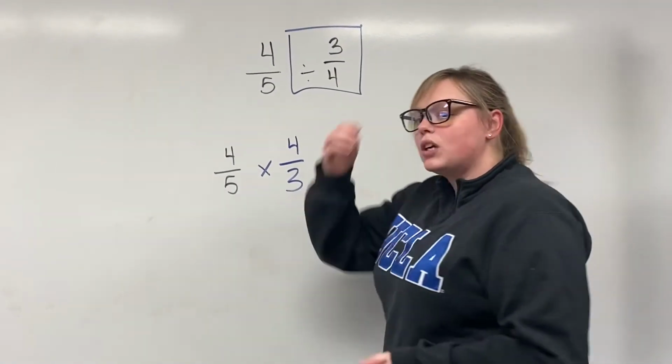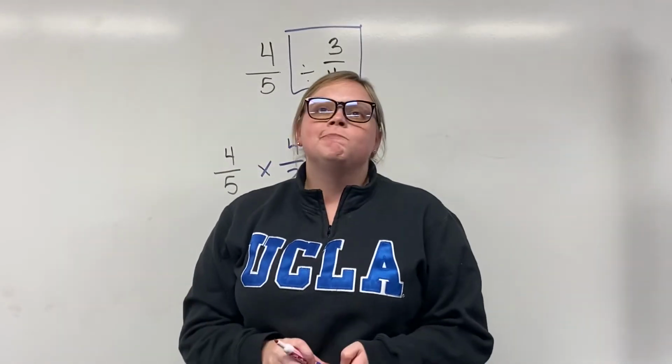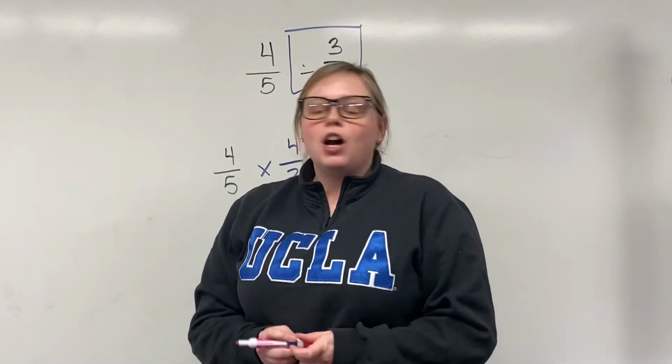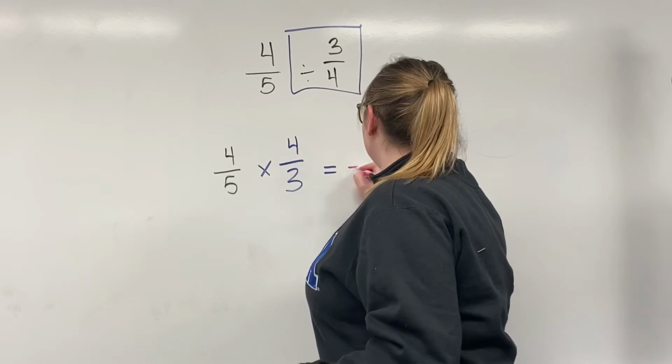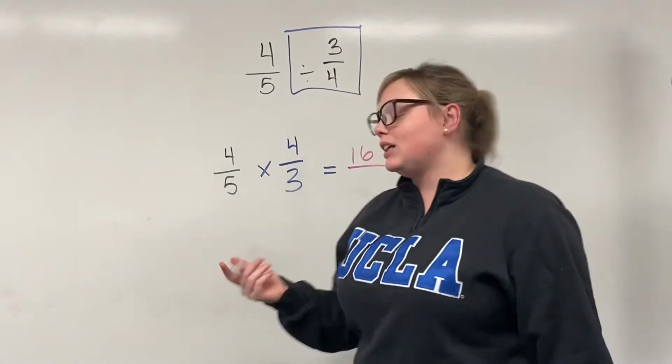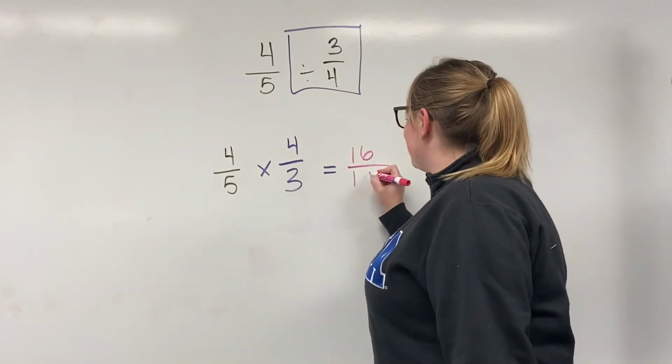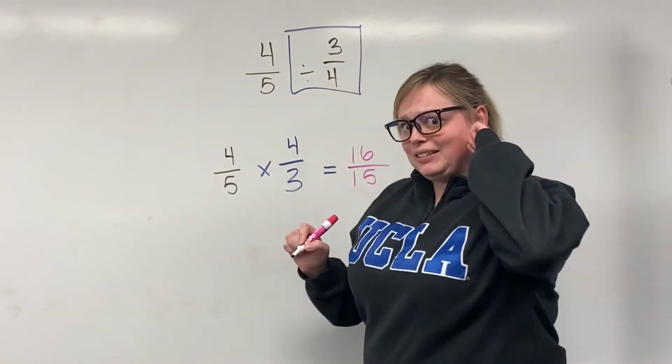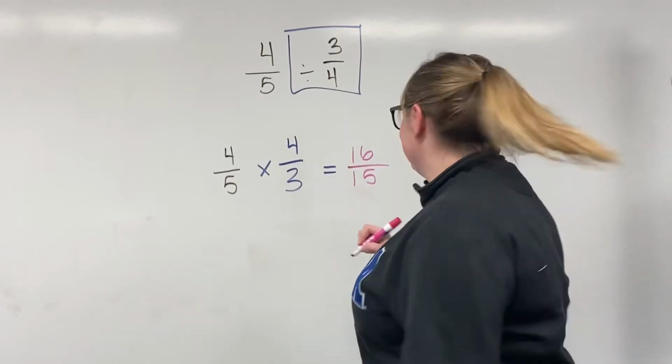Okay, so 4 times 4 is 16. Nice job. 16. And 5 times 3 is 15. 15.